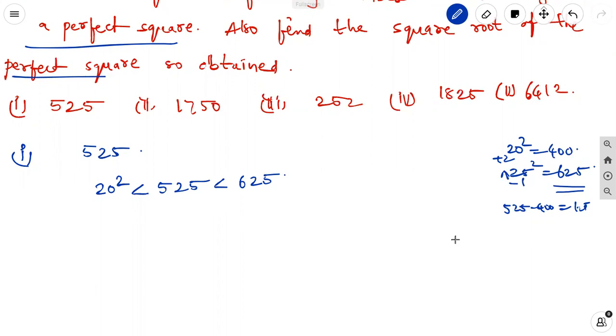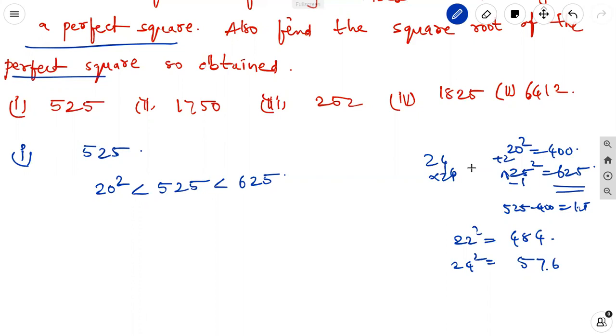If we check 22 square, it's 484. 24 square: 4 fours are 16, 576. So 24 into 24, we know the perfect square of 24 is 576. Again, you can recall the perfect square numbers.